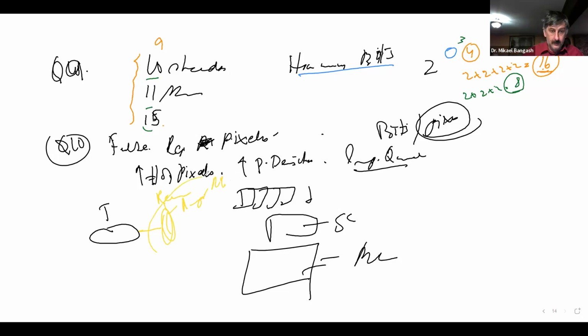But it is still a processing that happens before data was stored into the memory. So that's why it is pre-processing. Did you guys get that?